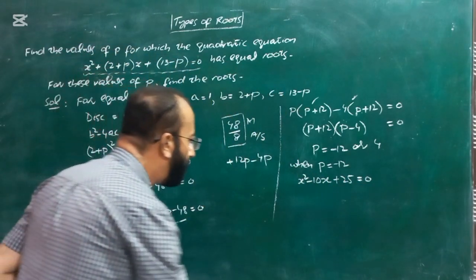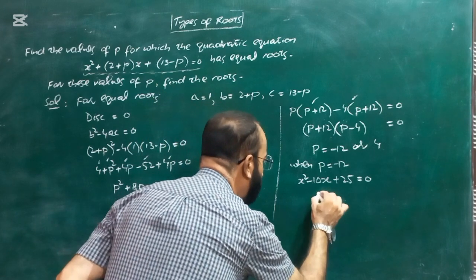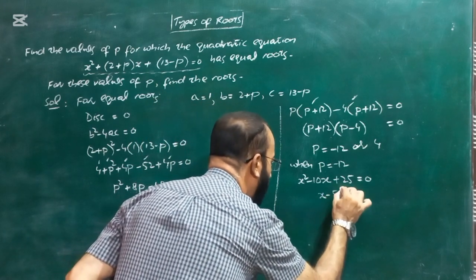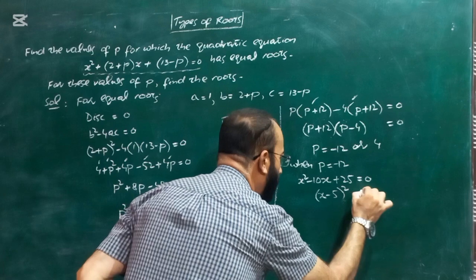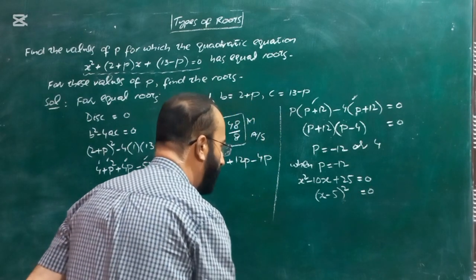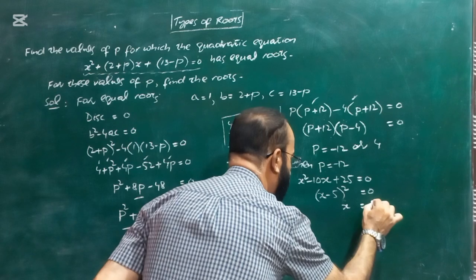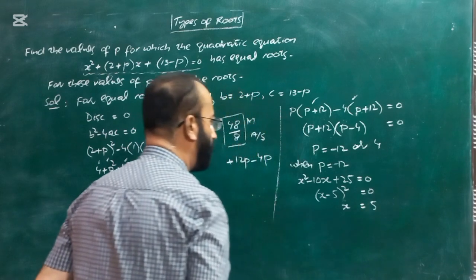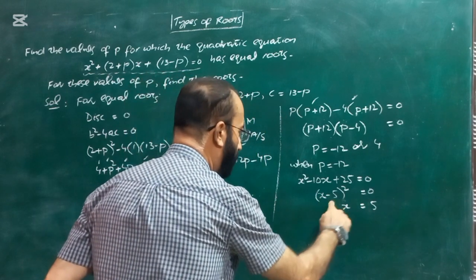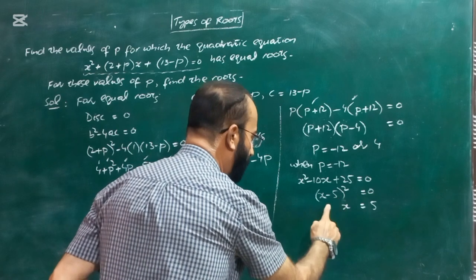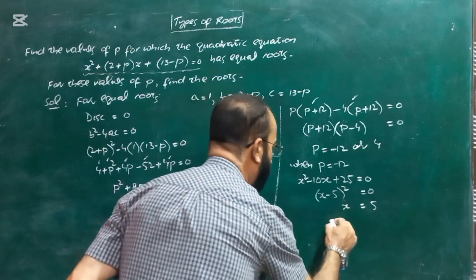And if you look at the equation, this is actually (x minus 5) whole square equal to 0. From here you can see the value of x is 5, because taking square root of both sides, x minus 5 will be equal to 0, and from there x will be equal to 5.